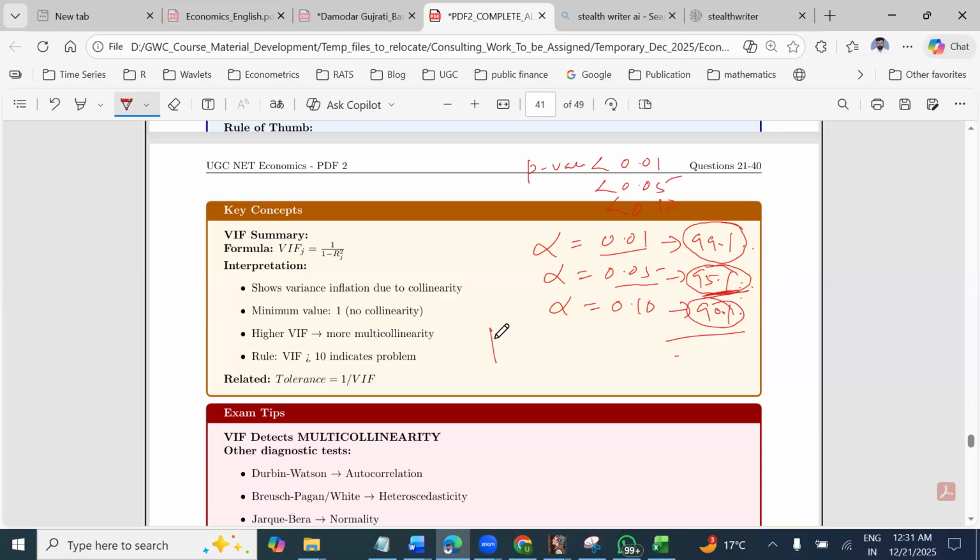But now let's say that the p value is greater than 0.01 but less than 0.05, means let's say that you got a p value 0.04, right? Yes.